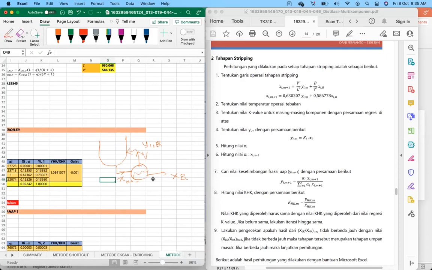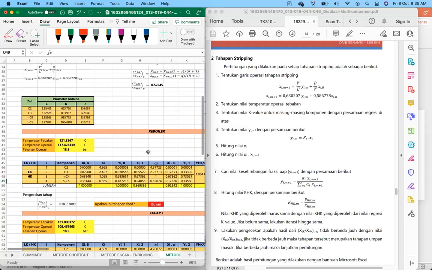Okay, so they have an equilibrium correlation between the xb and also the yib, over here. So to get the yib, you can calculate it equal to the k1 divided by x1, yeah.